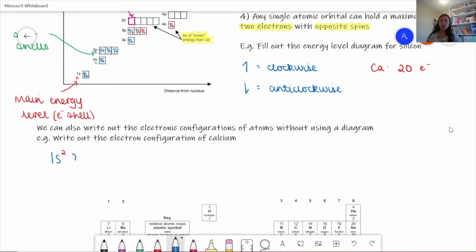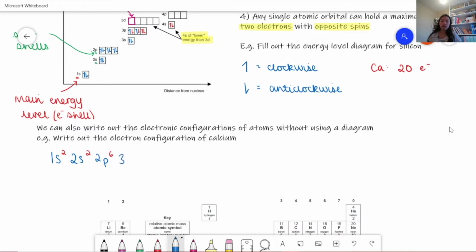And then we have 2s, and we also have 2 electrons, and so we put number 2 there. And then we have our 2p subshell, and instead of writing out all the orbitals, we just write out the subshell. So it has 6 electrons in the total subshell, so we have a 6 on top of the 2p.